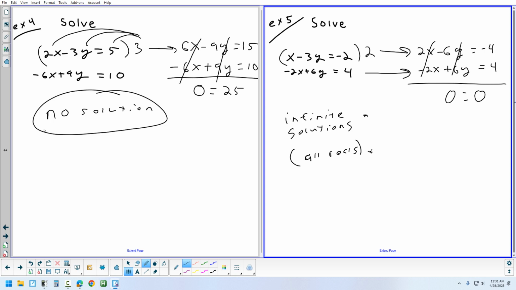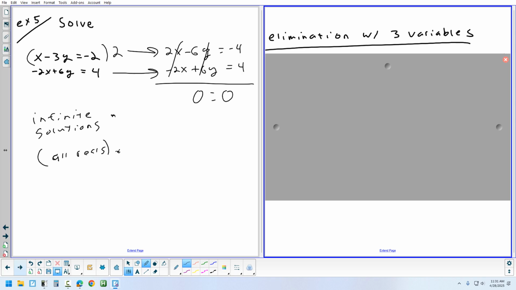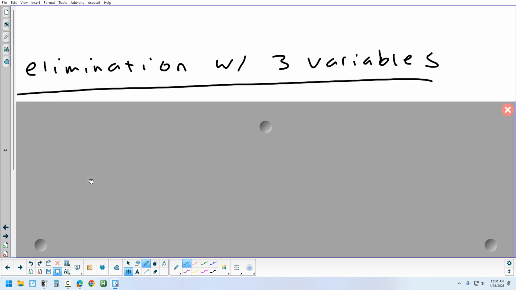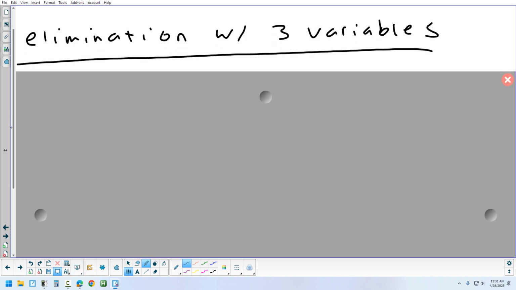All right, so I think we're good with two variables. Now we're going to step it up to three variables. When you go up one variable, you might think, if you had a 2 variable problem and a 4 variable problem, that 4 variables is twice as many variables, so it's going to be twice as many steps.